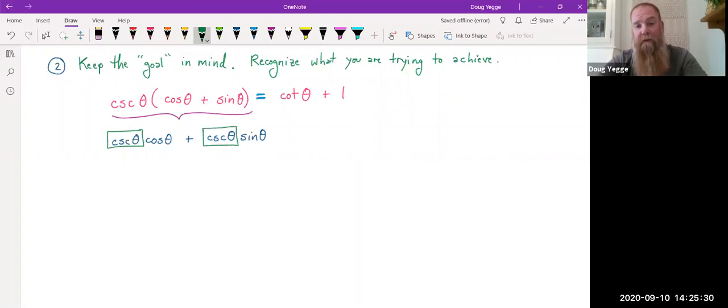Another reason I'm starting to think that is since I see sines and cosines, I'm remembering that cotangent of theta is cosine theta over sine theta. So I'm trying to find those somewhere. So the first thing I would do here is replace cosecant theta with 1 over sine theta. And I would replace this cosecant theta, of course, with 1 over sine theta as well.